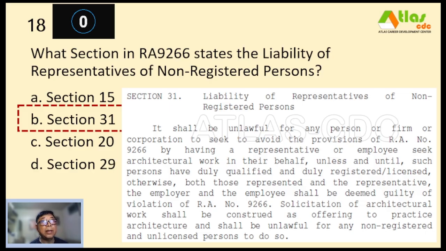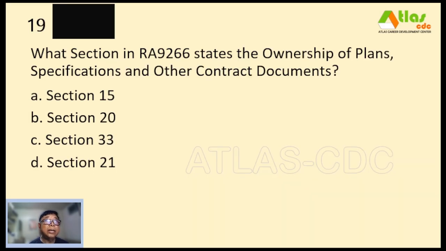Okay? And number 19. What section in RA 9266 states the ownership of plans, specifications, and other contract documents? A. Section 15. B. Section 20. C. Section 33. And D. Section 21.